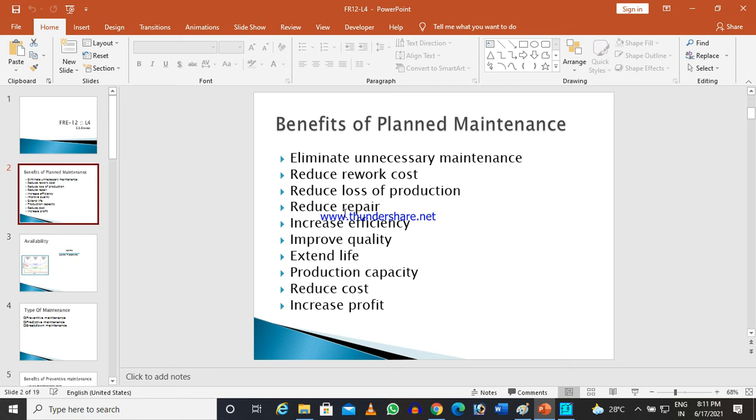It will also increase the efficiency. Say there is a milling machine or a lathe through which you are making a particular part, a bush for the DG or any combustion engine, where you need very high tolerance.